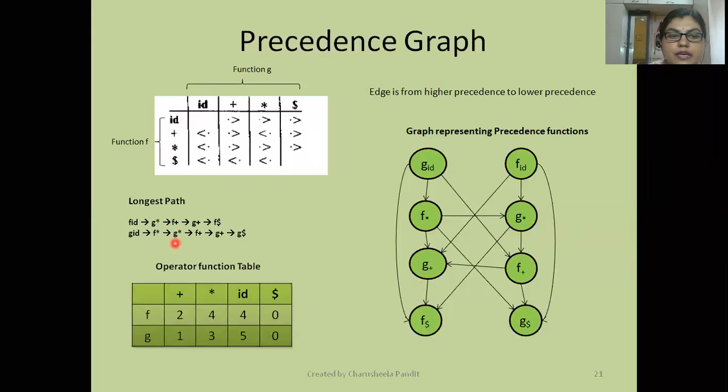And similarly, we have the longest path that starts from g of id till g of dollar.